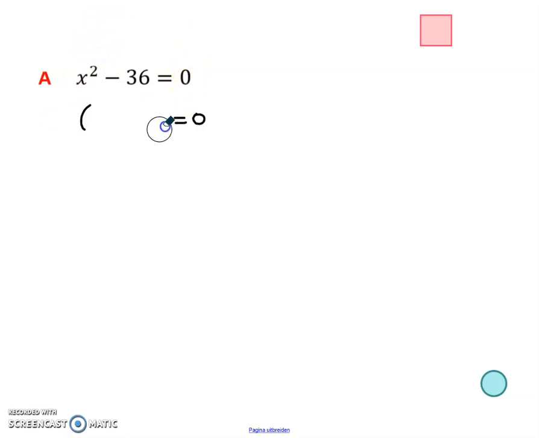But when this happens, you have to use a card. And this is what we did in chapter 5. I'm going to place a card over x squared. And then you take a close look at what number should be on this card. And that should be 36, because 36 minus 36 is 0.